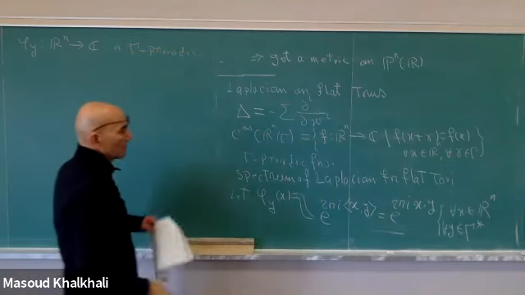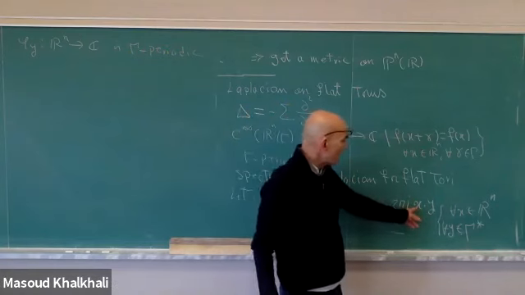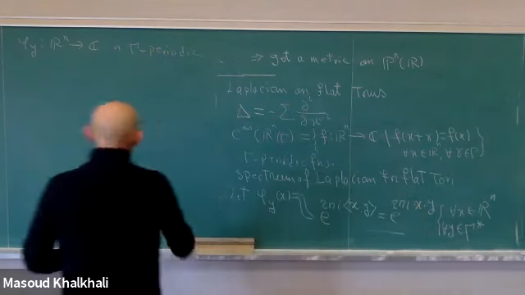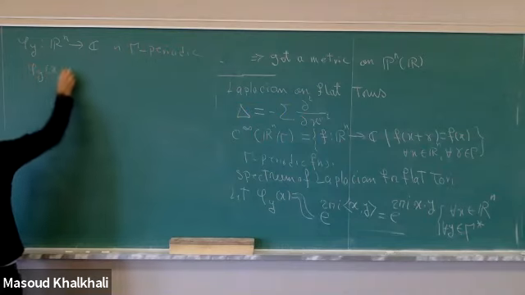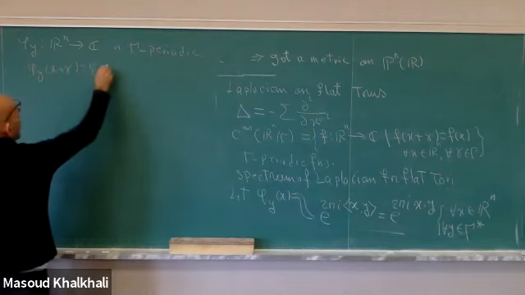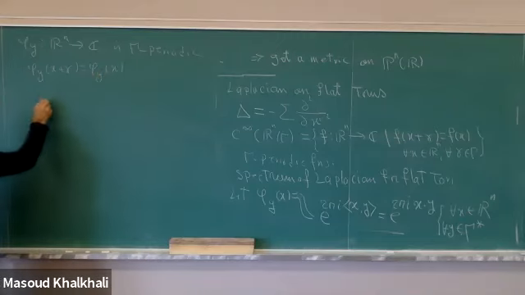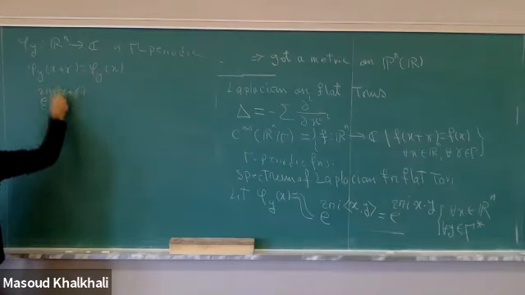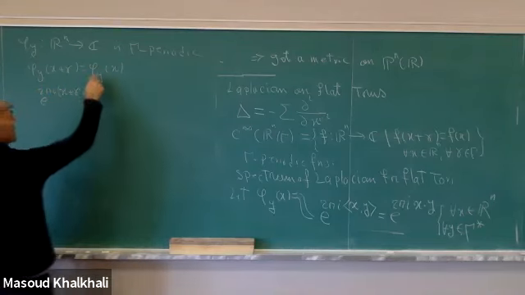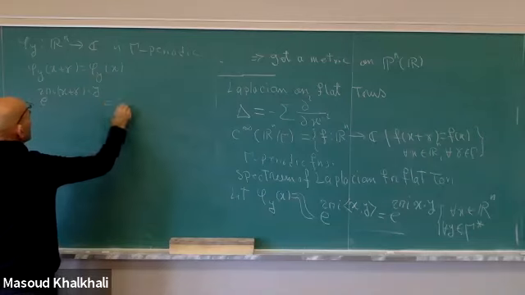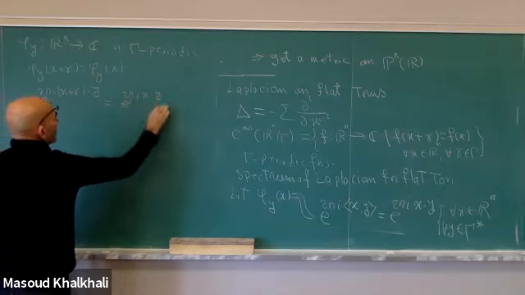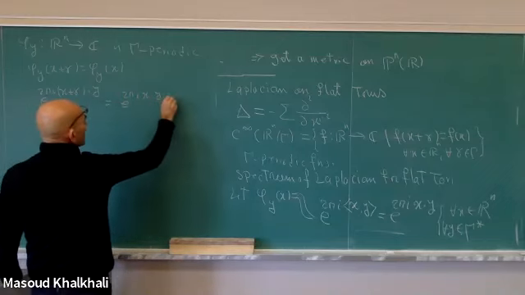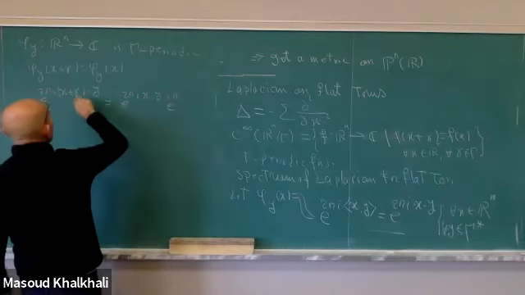That's clear, because if you change x by some amount, phi_y of x plus gamma is e to the 2 pi i (x plus gamma) dot y. That is equal to e to the 2 pi i x dot y times e to the 2 pi i gamma dot y.